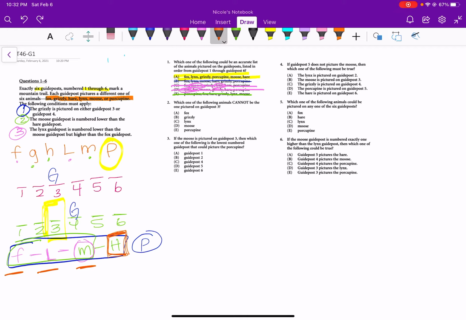If H can't be on it because there's so many ahead of it, let's think about F. Can F ever be on 3? No, because if we were to fill this all in, where we have LM, we have nowhere for H to go. So F also could never be 3. Is that an answer choice? That is A, so that would be our answer, and we would move on.